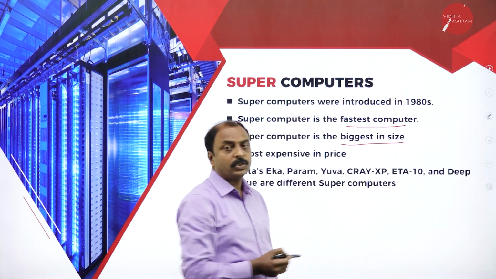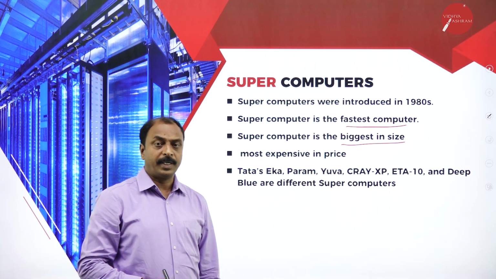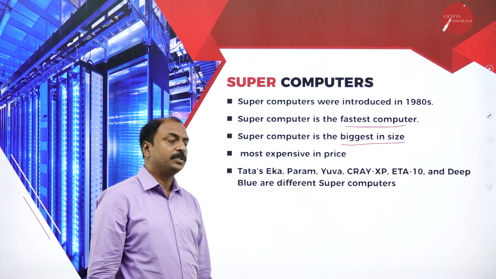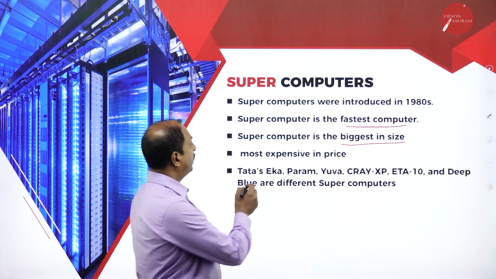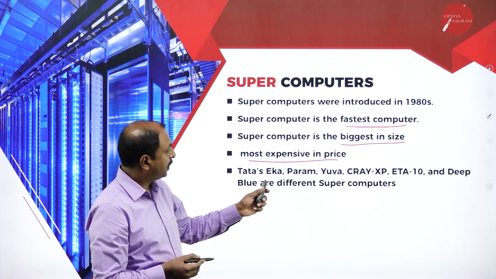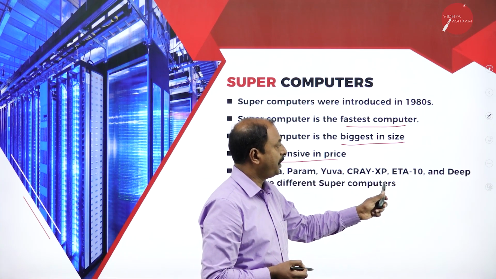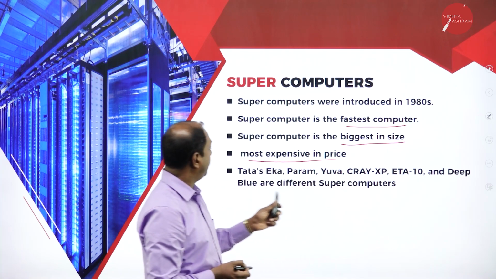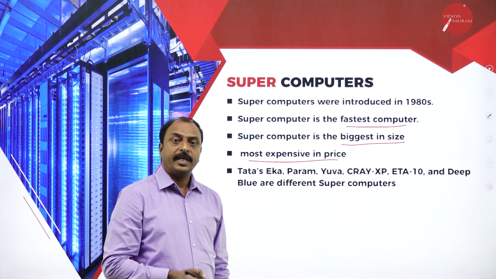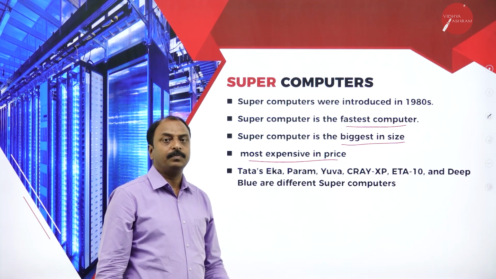Supercomputers are set up in a room, meaning they occupy large space, and they are the most expensive in price. Tata EKA, Param, Yuva, Cray XP, ETA10 and Deep Blue are examples of supercomputers.